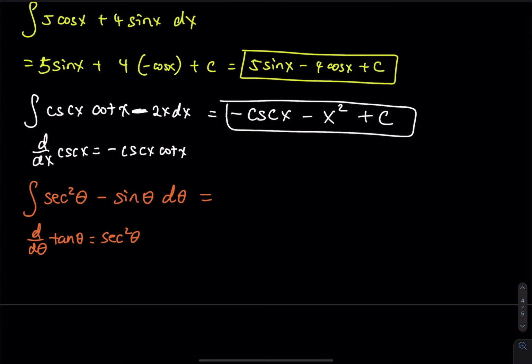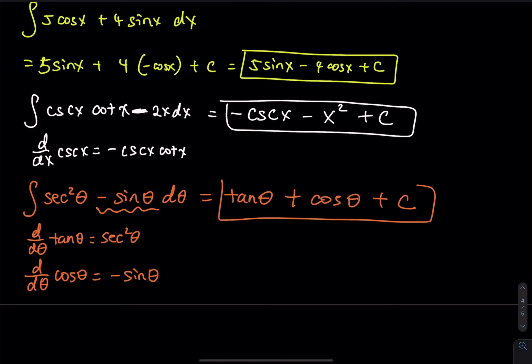So this one gives me a tangent theta, and then we also have sine, so that is the derivative of cosine. The derivative of cosine is equal to negative sine. So since we already have the negative, then this will be a plus cosine theta. And don't forget to add the plus c.